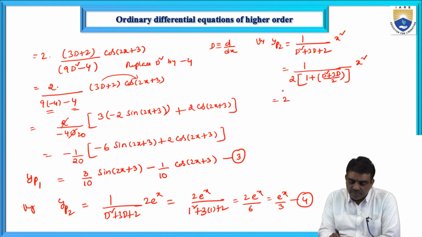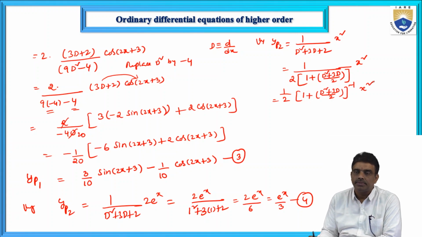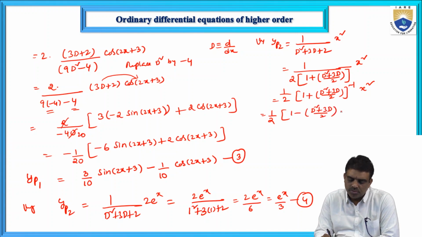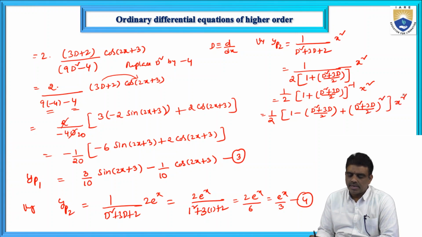So now I can write 1 by 2 into 1 plus D square plus 3D by 2 whole power minus 1 of x square. Or I can write it as 1 by 2 into 1 minus D square plus 3D by 2 plus D square plus 3D by 2 whole square of x square.